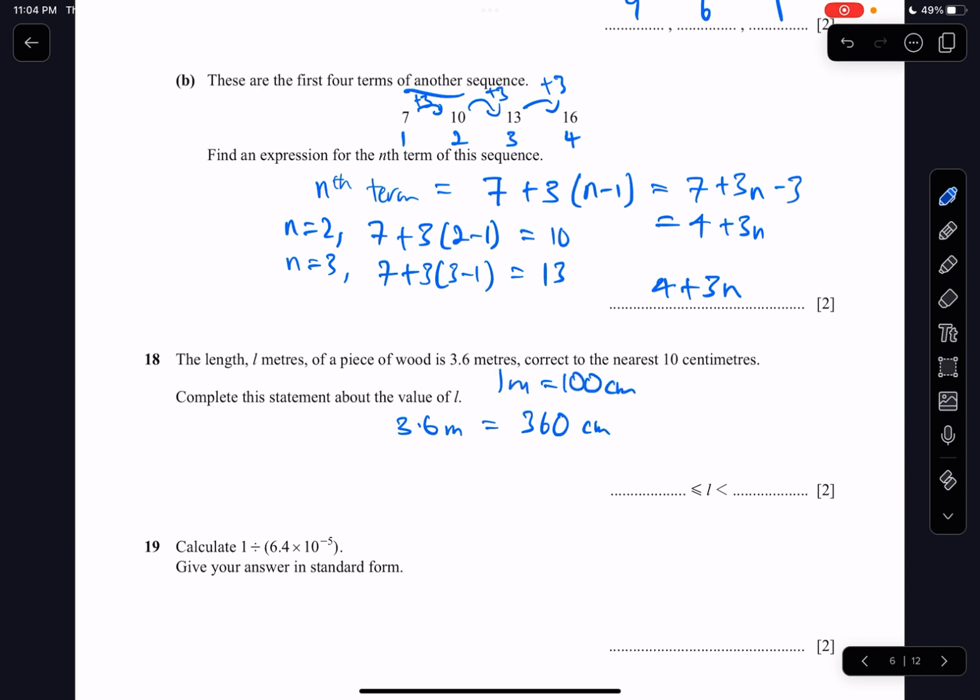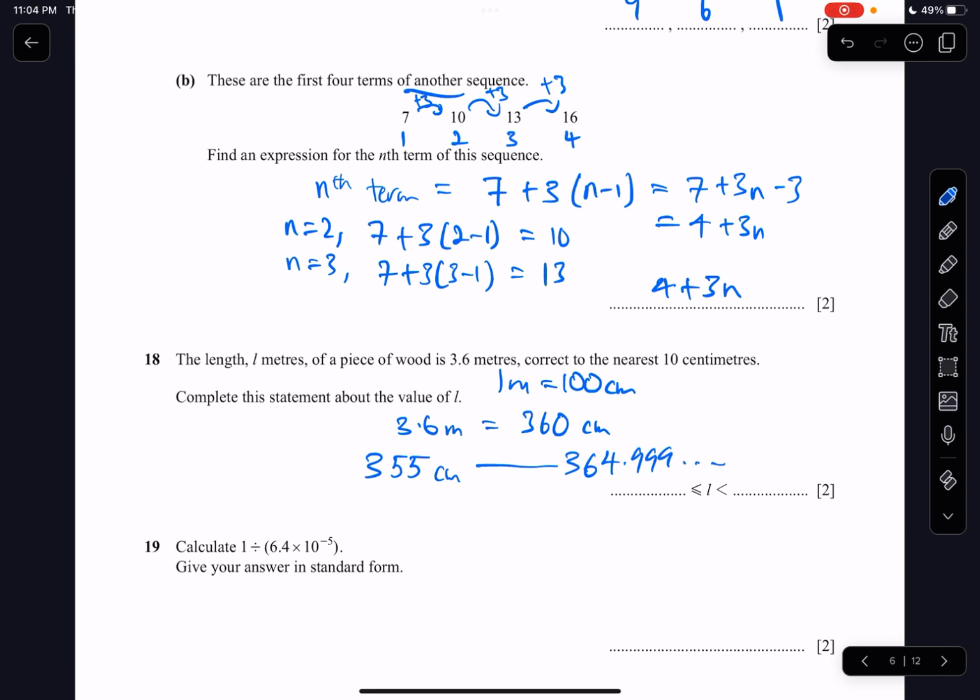Since it is corrected to the nearest 10 cm, the smallest value I can have is 355 cm, all the way to 364.999.